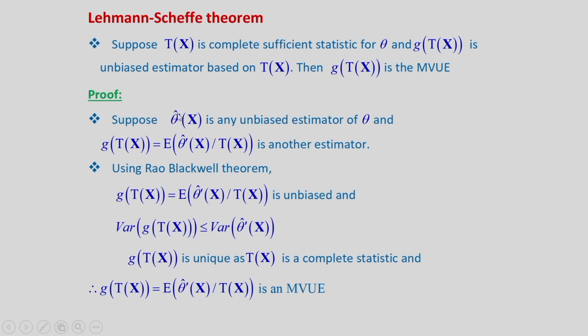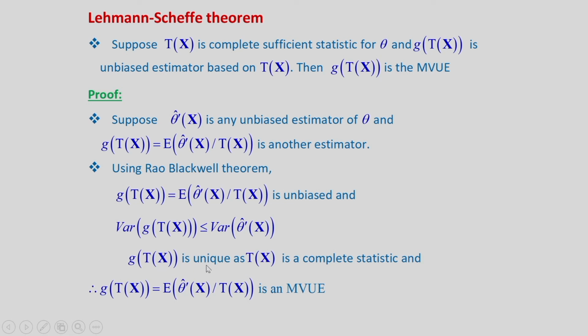Suppose theta dash hat(x) is any unbiased estimator of theta. Then g(T(x)) = E of theta dash hat(x) given T(x) is another estimator. Now using the Rao-Blackwell theorem, this estimator is unbiased and the variance of g(T(x)) is less than or equal to the variance of theta dash hat(x). But we know that T(x) is a complete statistic, therefore, there is only one function g(T(x)) which is unbiased.